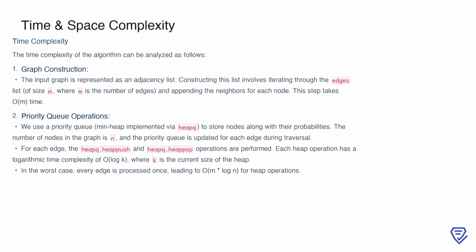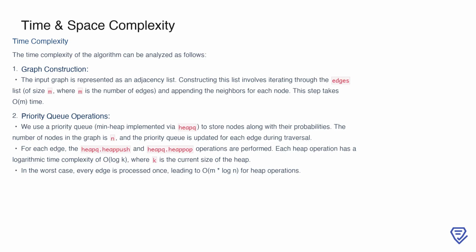For each edge during traversal, we perform heap push or heap pop operations. Each of these operations has a logarithmic complexity of O(log k), where k is the current size of the heap. In the worst case, every edge is processed once, leading to a total time complexity of O(m log n) for the heap operations. Together, these steps form the basis for understanding how efficiently the algorithm handles graph construction and priority queue manipulation.